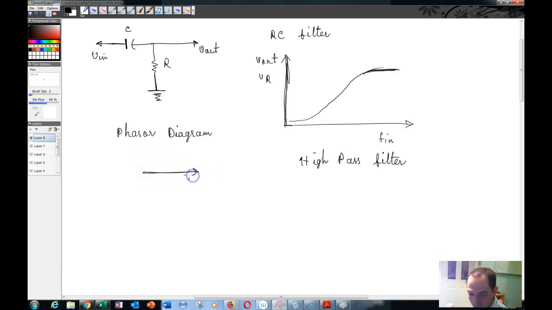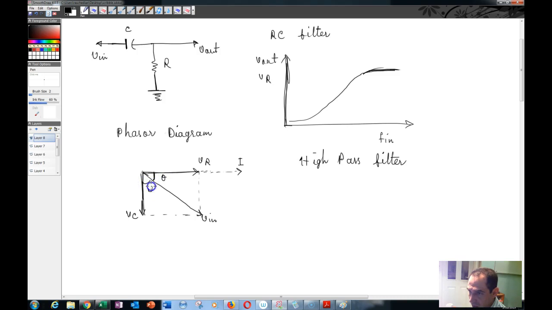Here you have your V of R, the voltage across the resistor, and here you have your V of C, and the current I going through the circuit is along the same line as V of R. And V in is basically over here. So that's this thing over here, and this angle you can call, for example, theta.